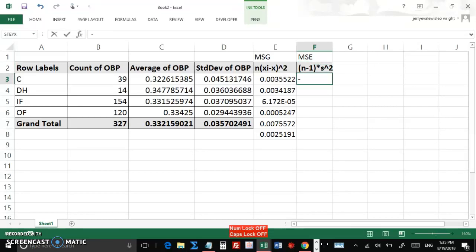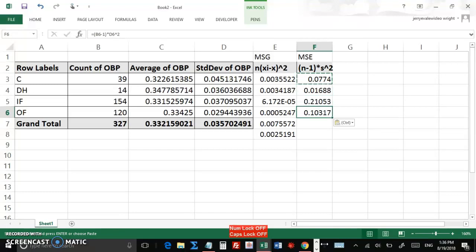So, equal sign, n minus 1. n of the first group is 39, minus the 1, times the standard deviation, which is in cell D3, squared. Okay, there it is. Let's copy that down.